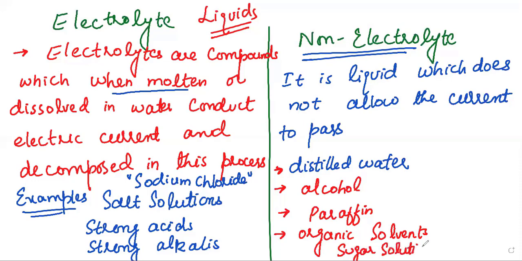If we dissolve sugar in water, it is a sugar solution. Tetrachloromethane, CCl4, and ethanol, alcohol, are also examples of non-electrolytes.